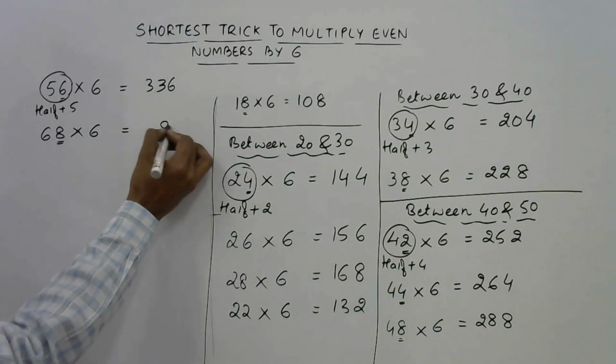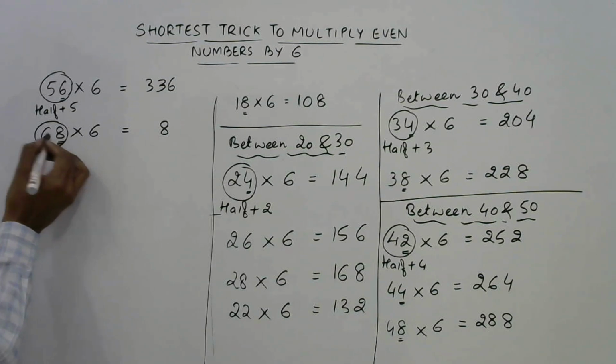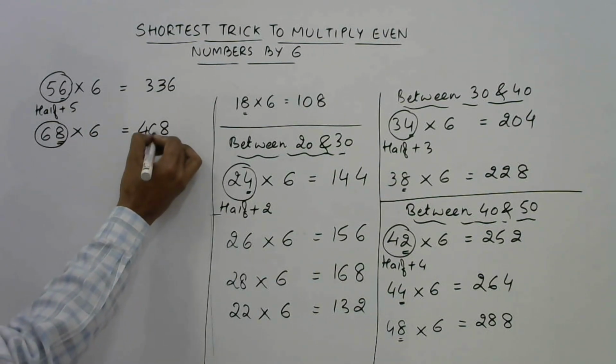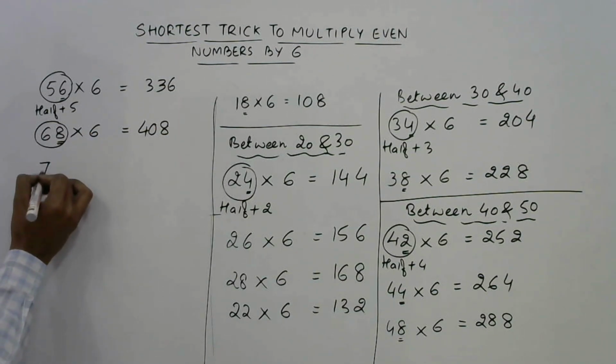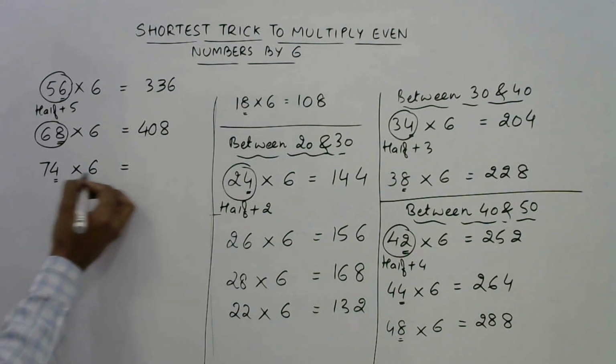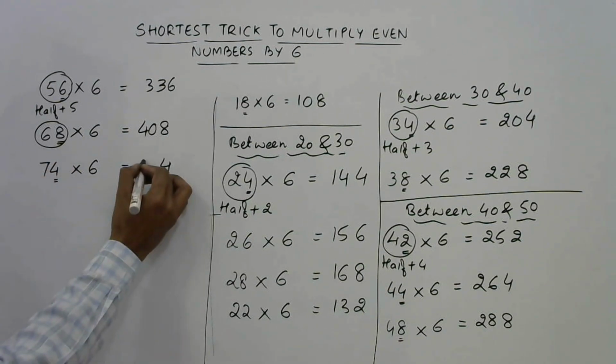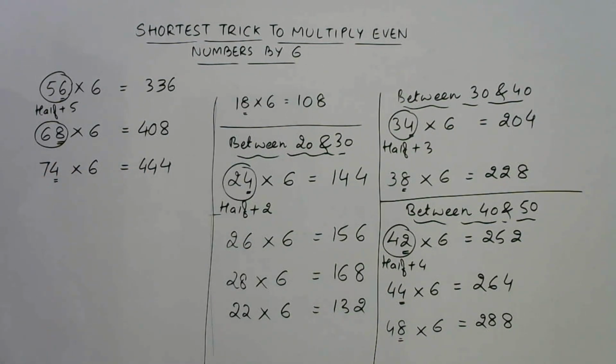Half, 8 will come as it is, then half of this 34 plus 6, 40. So 408. Let's take 74 into 6. So ending with 4, half is 37 plus 7, 44. So 444 is the product.